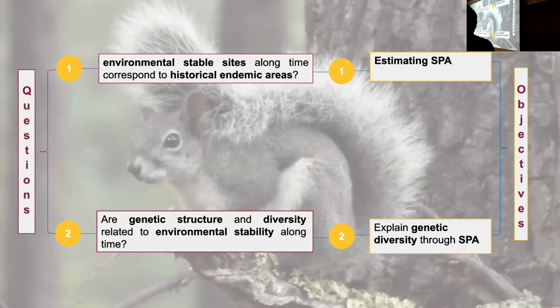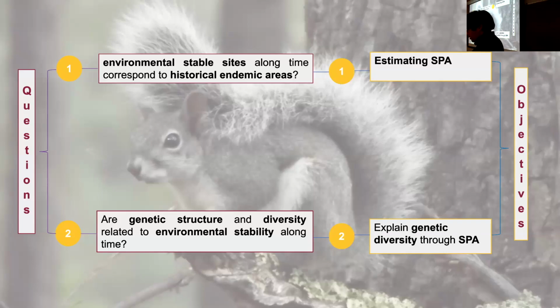And then we test that the genetic structure is related with this SPA, this suitability prevalence area, to explain the genetic structure of that species. In this case, we take this squirrel as a model to test this theoretical hypothesis, because it checks with our goals that it overlaps with the distribution of the host of the squirrel, that are specific pine trees in Mexico and United States.